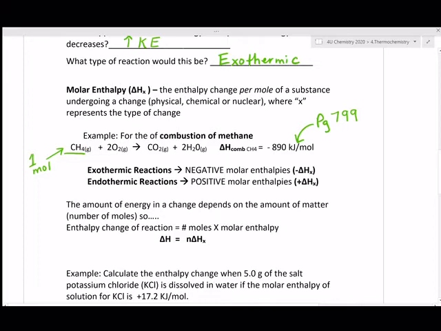So exothermic, remember, means your system is going to release heat, and therefore, if it's a chemical reaction, for example, it's going to feel warmer. And endothermic reactions actually take in heat or absorb heat, and therefore, as a result, those surroundings end up feeling cold.